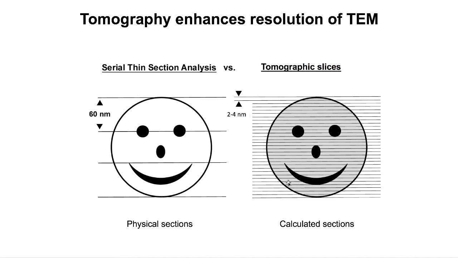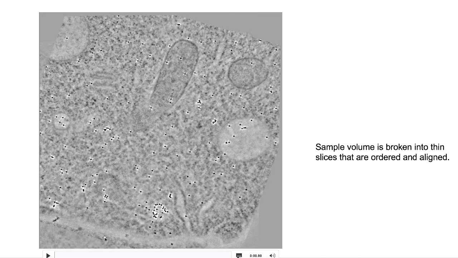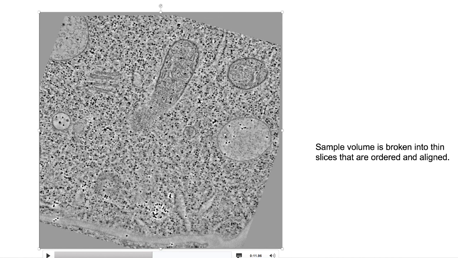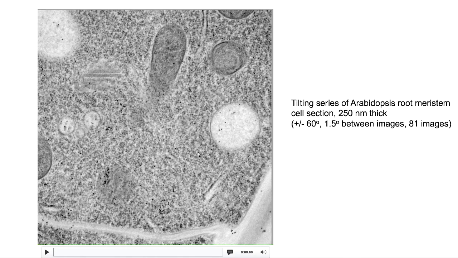Anything in this thickness is projected into a 2D image. The thinner, the better the resolution. This is what you see in this individual tomographic slice, where you see individual ribosomes, these black dots, and you don't see the clustering anymore, as in the regular view of that thick section.